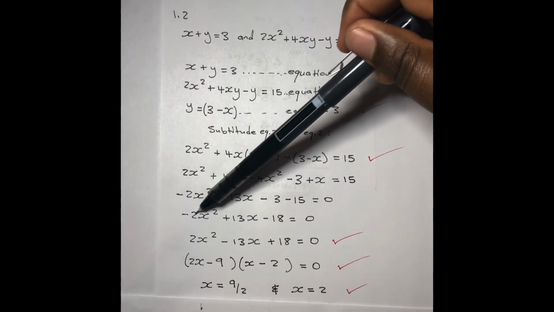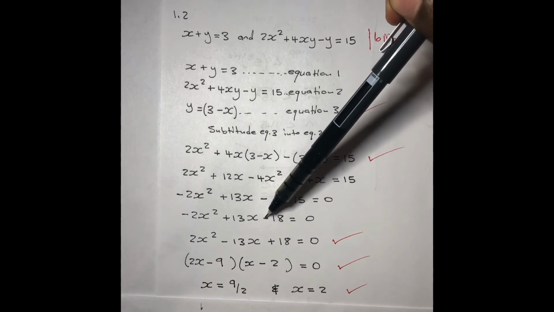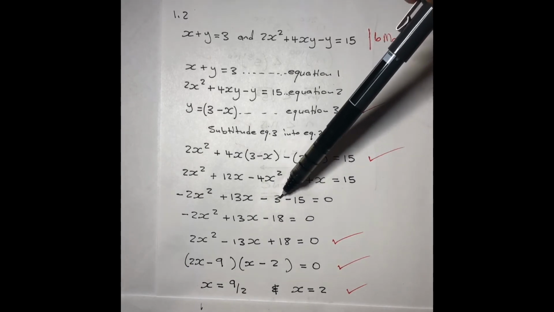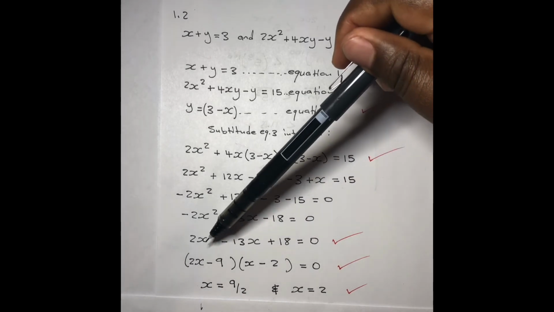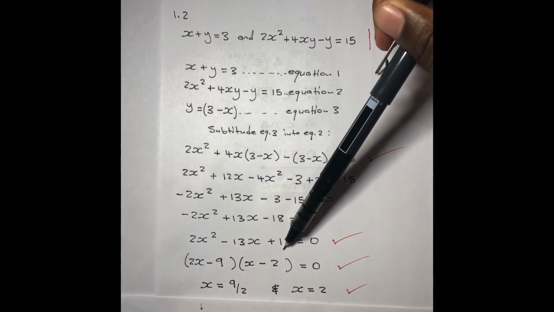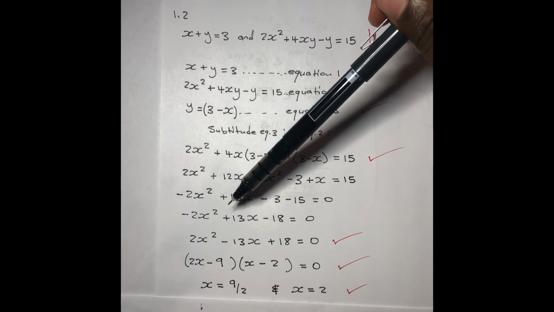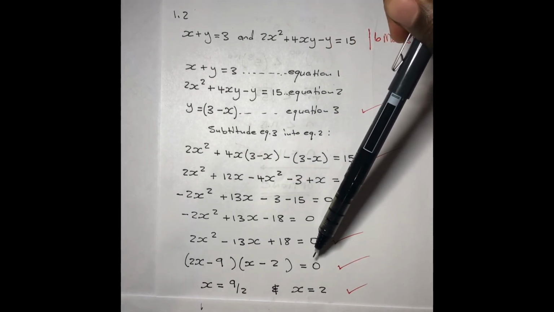You've got minus 2x squared plus 13x minus 18, which comes from minus 3 minus 15. Now you divide all terms by a negative sign to remove the negative so that you can write it in standard form and factorize.